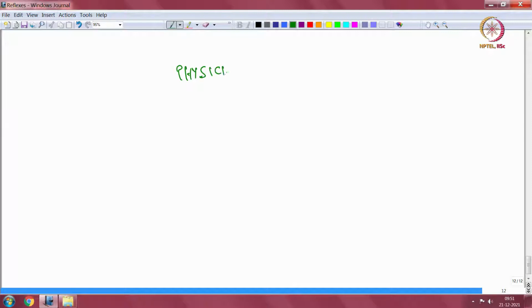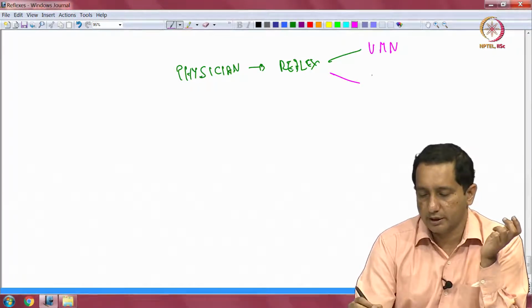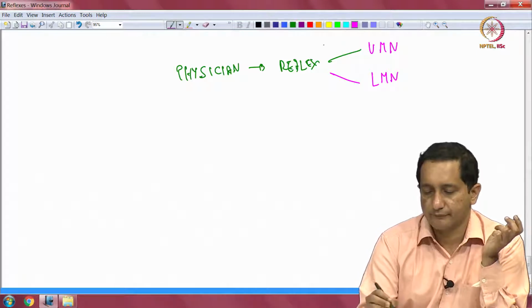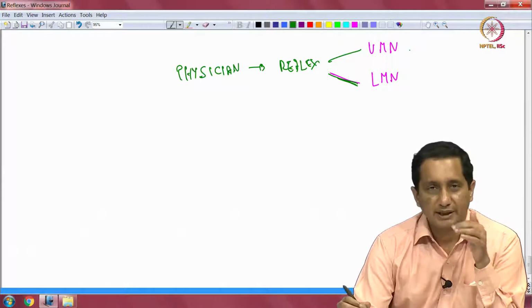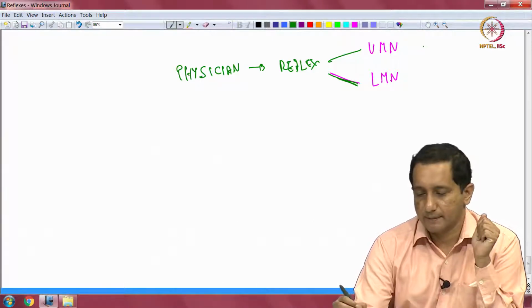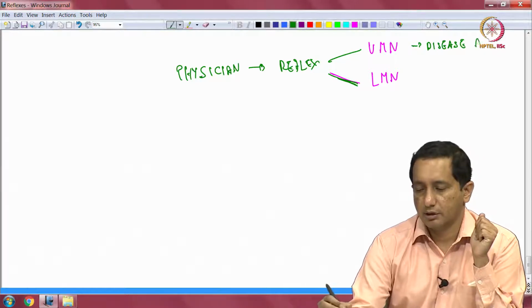So, for a physician, anybody, neuro, non-neuro, anybody, a reflex gives information of something called a UMN disease or a LMN disease. UMN disease basically indicates disease above the level of inquiry.